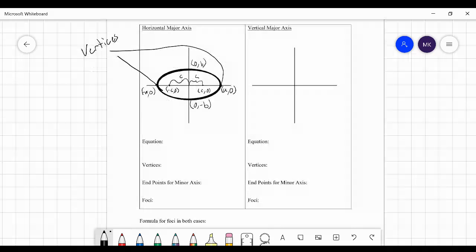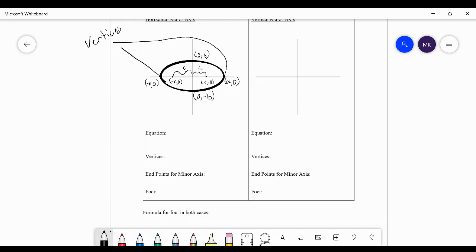Now let's look at the equation of this. We have a very simple equation for an ellipse: x squared divided by a squared plus y squared divided by b squared equals 1. For this to be a horizontal major axis, we have a big condition: a is greater than b is greater than 0.